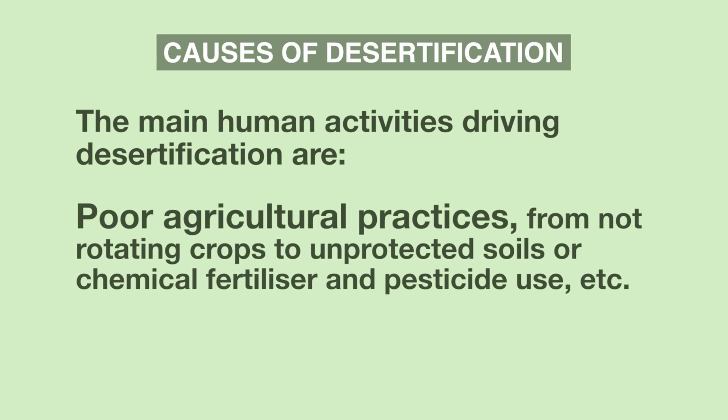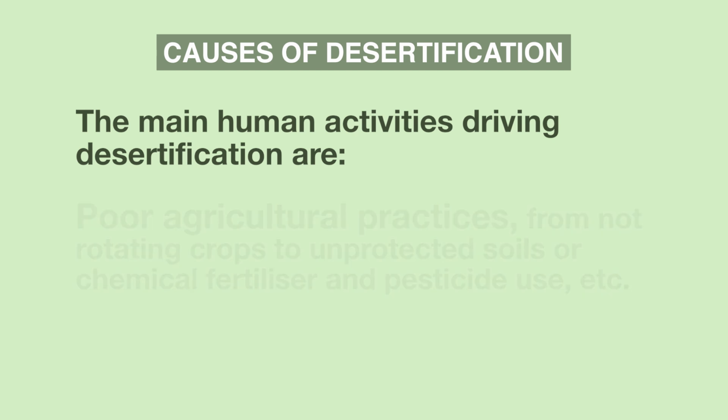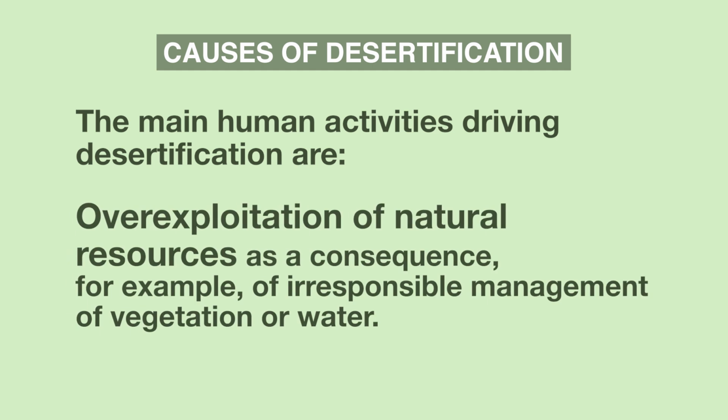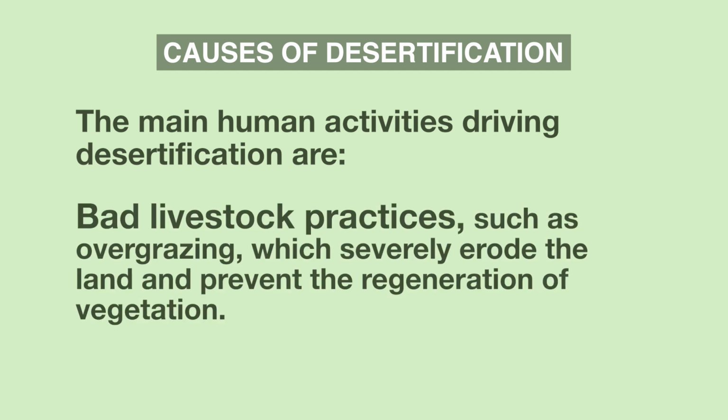Poor agricultural practices, from not practicing crop rotation to unprotected soils, use of chemical fertilizers, pesticides, etc. Over-exploitation of natural resources, as a consequence, for example, of irresponsible management of vegetation or water. Even bad livestock practices such as overgrazing severely erode the land and prevent the regeneration of vegetation.